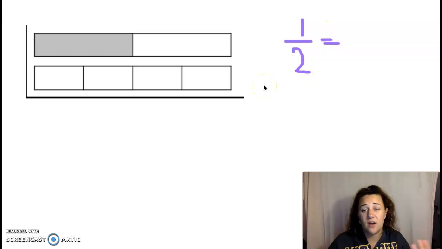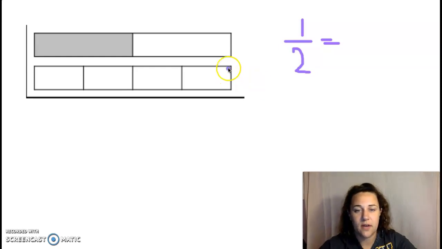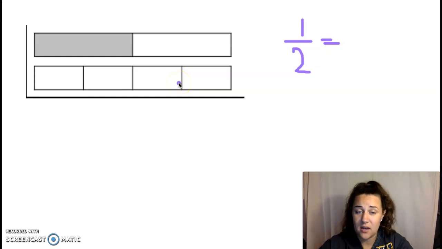Now I want to figure out what's another fraction I can make this equivalent to. So let's pretend I drew my rectangle and some lines, and now I made it equal. So I have to shade it in to this line right here, because that's the equal spot. So I shade it in.